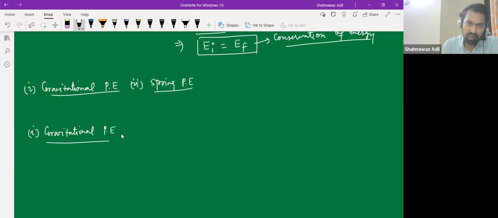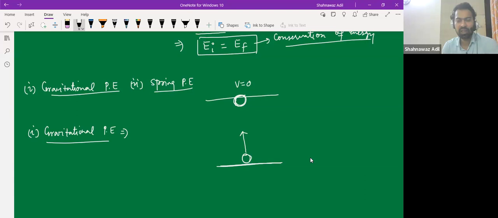So let's say you have this object, right? And you provide some initial speed to this object, and it reaches maximum height here, right? And its speed becomes 0, right? So let's say its initial speed is v, and the final speed becomes 0.